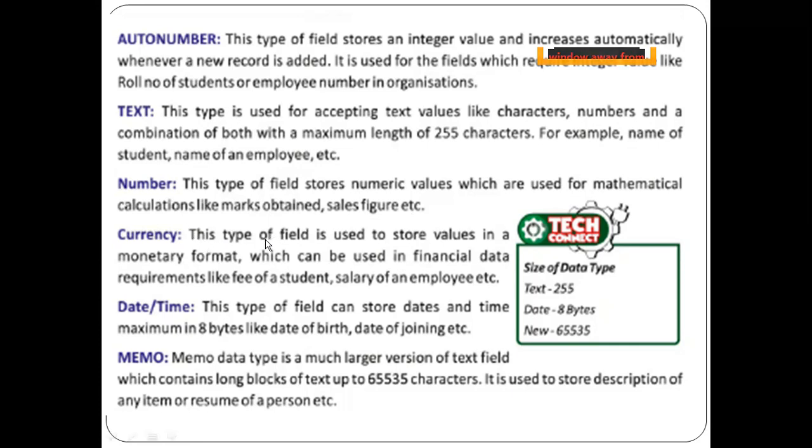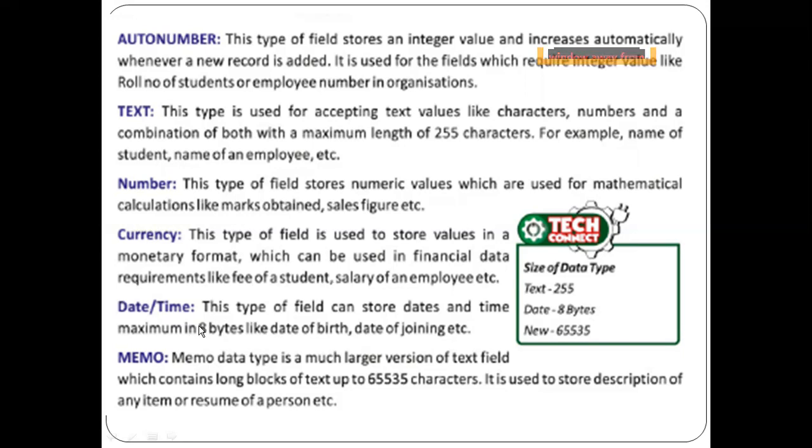This type of field is used to store values in a monetary format, which can be used in financial data requirements like fee of a student, salary of an employee, etc. So currency, like different countries have different currencies. So you can use dollar, rupee and all different symbols so that it becomes easy for the end user to see in Indian currency the amount is this much, in US dollars the amount is this much.